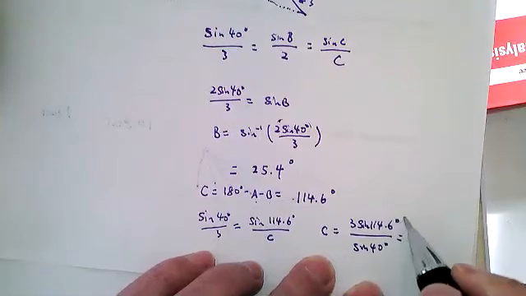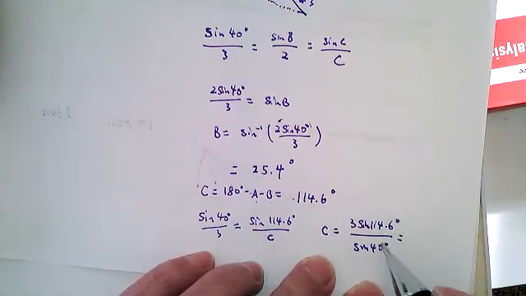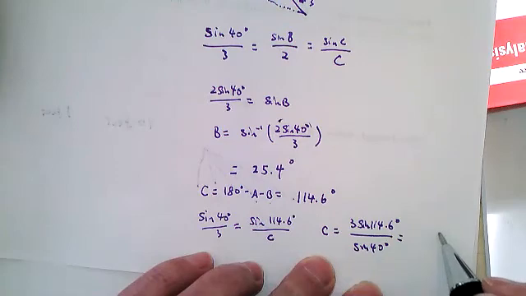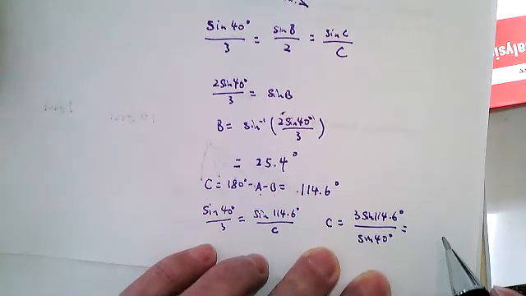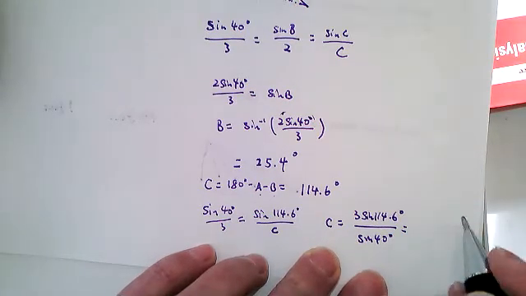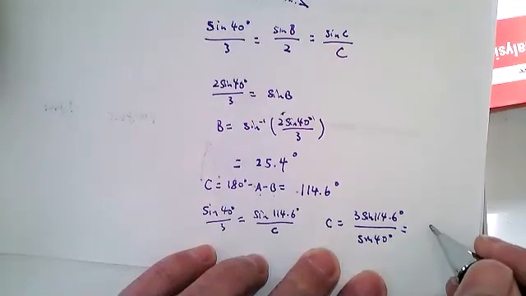Okay. Again, I'm lazy. Can anyone plug this into the calculator and tell me? I got 4.24. 4.24. Thank you very much.